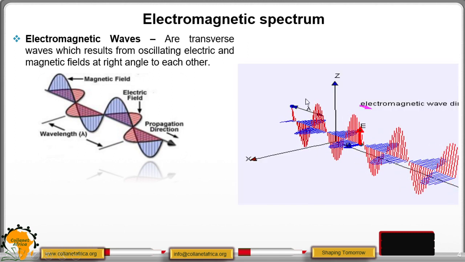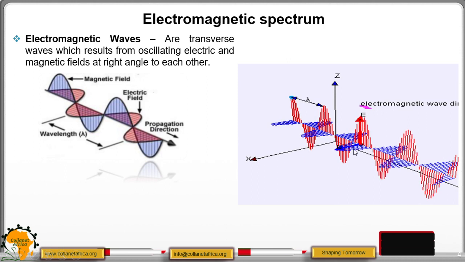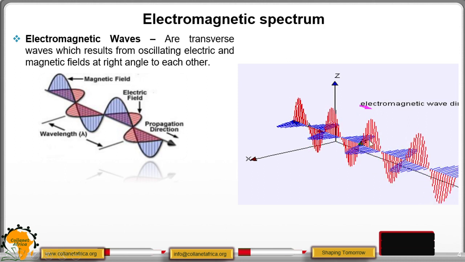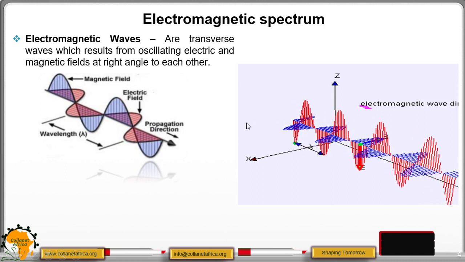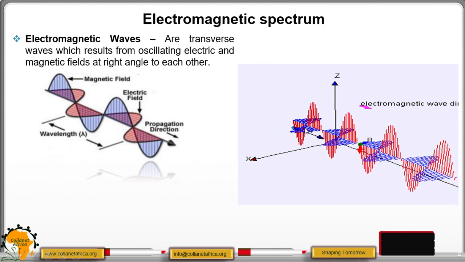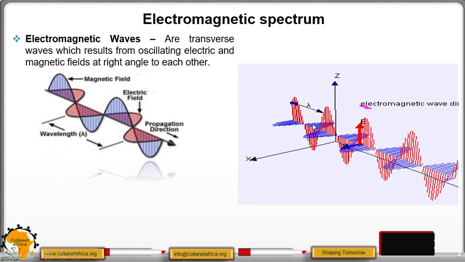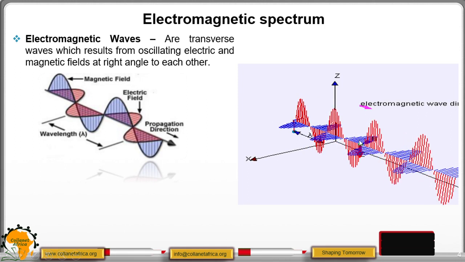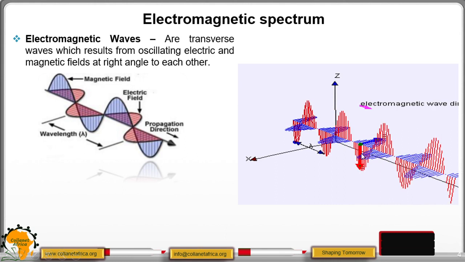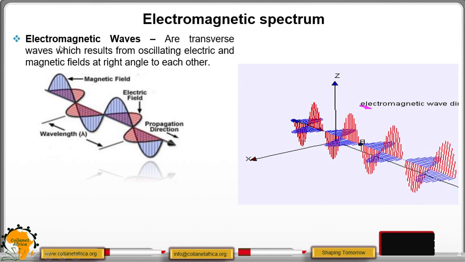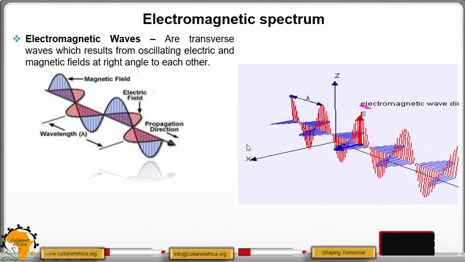When the two interact, as you can see, they are making right angles, the trough for this one and the trough for the other one is making right angle. That way, they give us what we call electromagnetic waves.